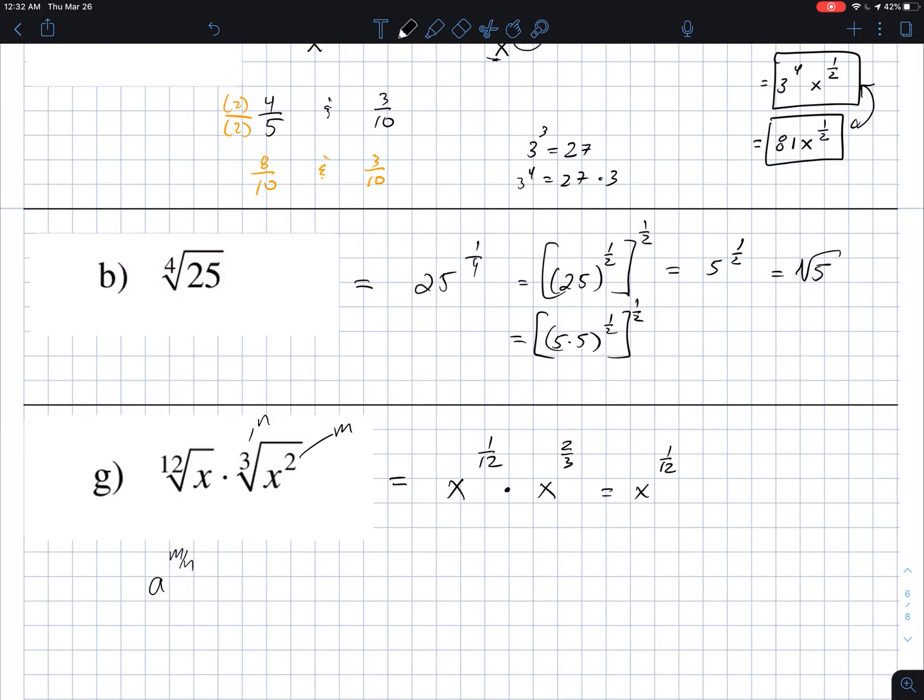That's x to the 1/12, right? Times x to the what 12th? Because we need to make this a 12, right? We have to multiply by 4, so that's 8/12. So it looks like we have x to the 9/12, or if we reduce it, we have a factor of 3 in both, so this would be x to the 3/4. That's a 4.